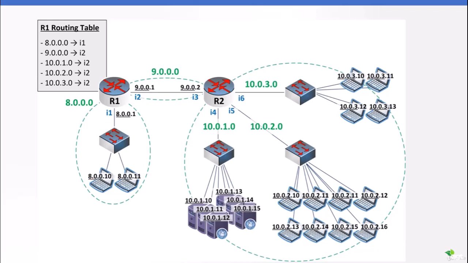Now, for example, if router 1 didn't have an entry for the network 10.0.3.0 in its routing table, it wouldn't be able to reach that network. So if it received a packet with a destination IP address that belongs to that network, it would just drop the packet because it doesn't really know where to send that packet. Fortunately, we do have an entry for that network, so router 1 is perfectly capable to send packets to that network.